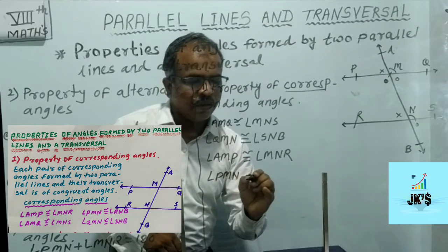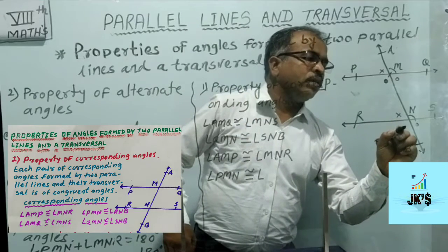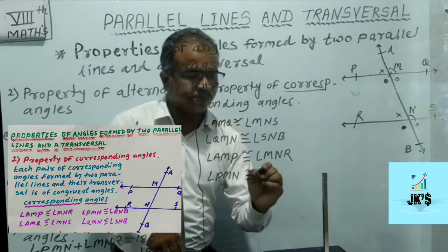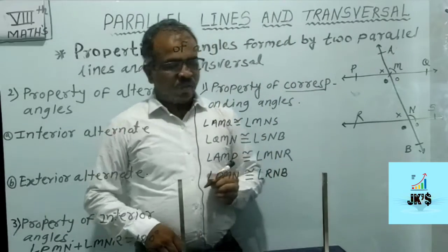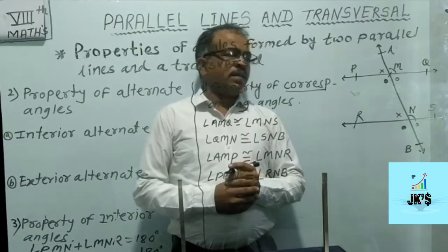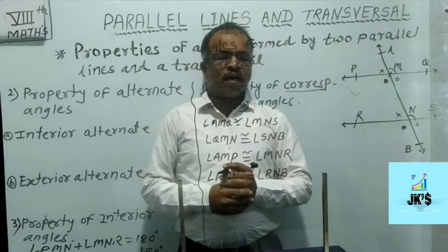Its congruent angle is RNB. So the corresponding angles formed by the two parallel lines and their transversal are congruent.